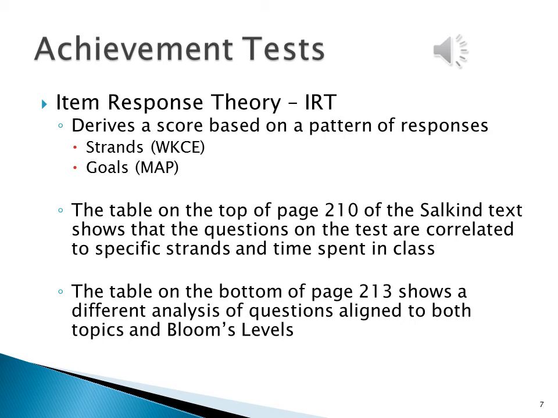On the MAP test, the Measure of Academic Progress, the pattern of responses are broken into what they call goals that are similar to the strands. So in the Common Core State Standards reading assessment, the goals are literature, informational reading, and foundational skills. If you go to your Salkind book on page 210 or page 213, there are some specific examples of item response theory that you can review.